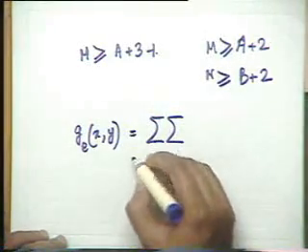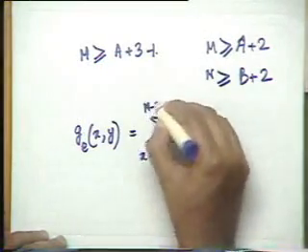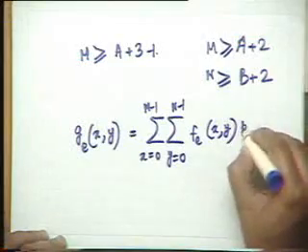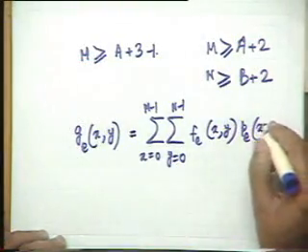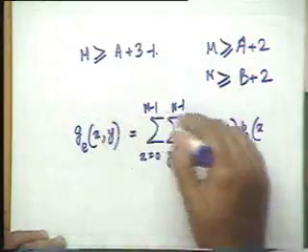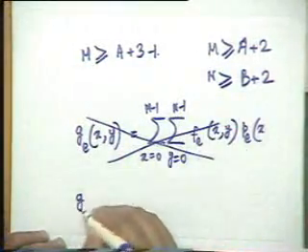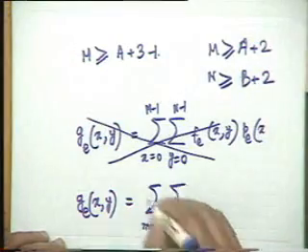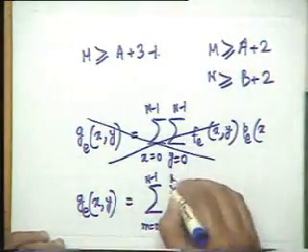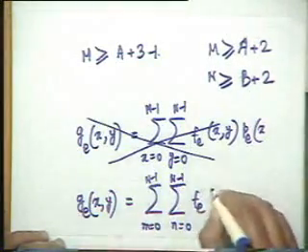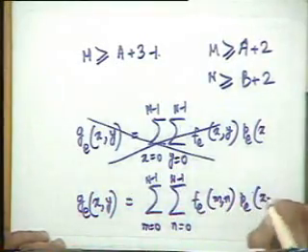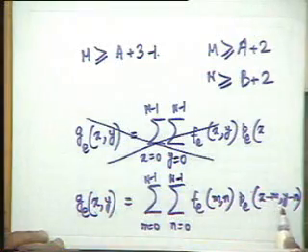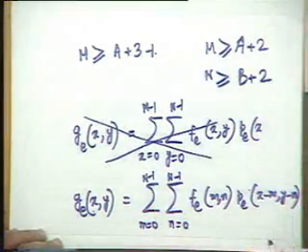I think we have to use another variable, so let us do it this way. g_e(x,y) should be written as a double summation m equal to 0 to M minus 1, n equal to 0 to N minus 1, then f_e(m,n) and p_e(x minus m, y minus n).